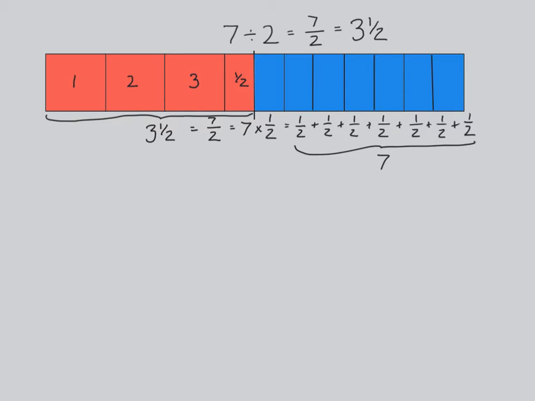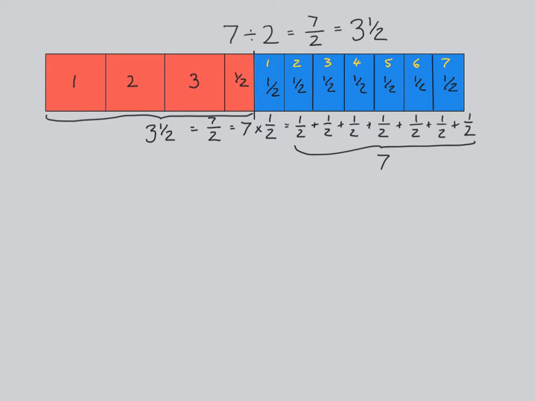And then you can see how many halves there are. You can see that there are 1 half, 2 halves, 3 halves, 4 halves, 5 halves, 6 halves, 7 halves. And we can count them. 1, 2, 3, 4, 5, 6, 7.